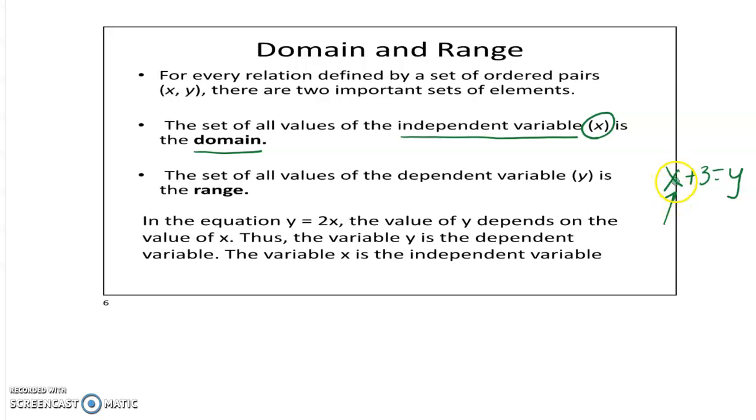And then if we plug in 2, we would get 5. If we plug in 3, we would get 6. So y is dependent upon what we put in for x. So our y value is our dependent variable, and it is our range. Right now, in this course, we're not too worried about independent and dependent. We are worried that you understand the x values are your domain and your y values are your range.